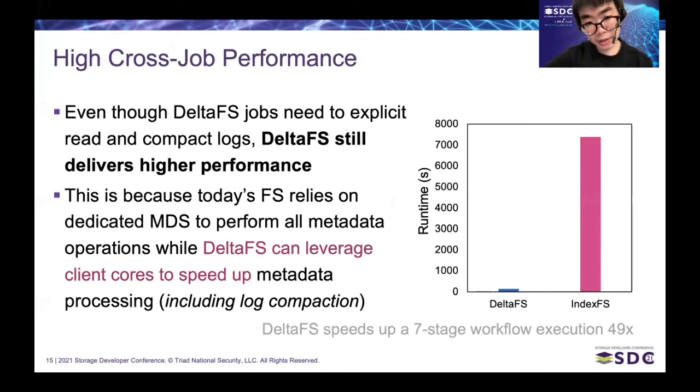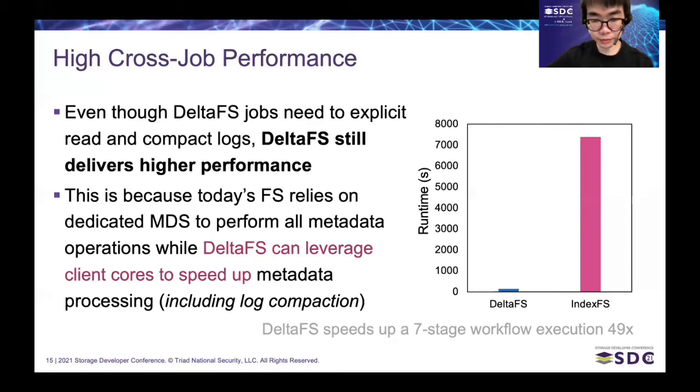But the key message we want to deliver here is that even though DeltaFS jobs need to explicitly read and compact logs to enable good read performance, DeltaFS still overall delivers higher performance. To demonstrate that, we did another experiment where we still compare DeltaFS with IndexFS. We did a 7-stage workflow where each stage needs to see the files created by the previous stage.